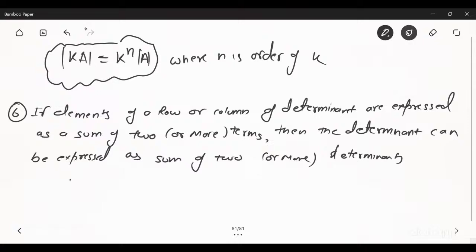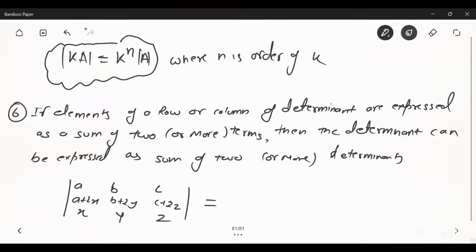Now suppose this was your determinant: a plus 2x, x, b, b plus 2y, y, c plus 2z, z.